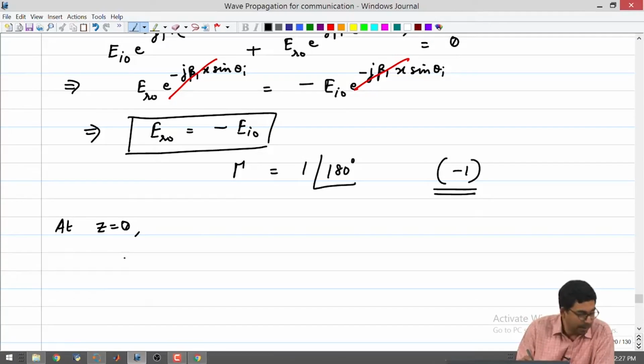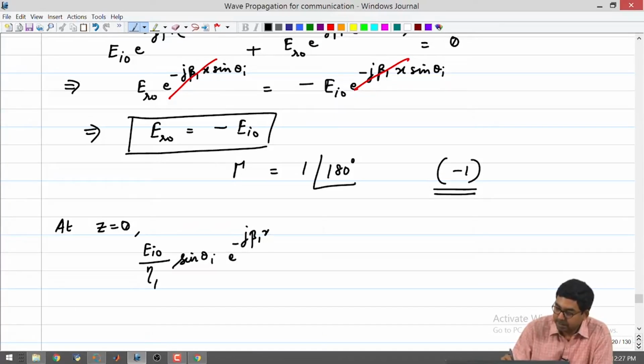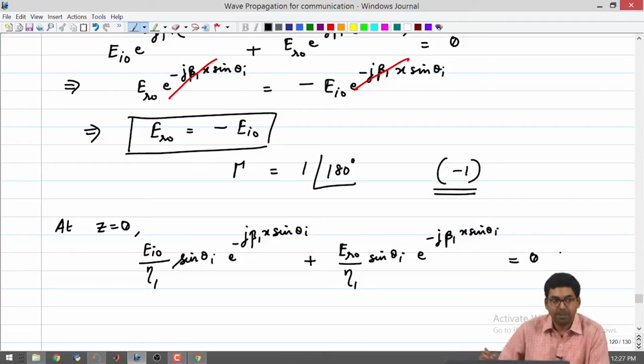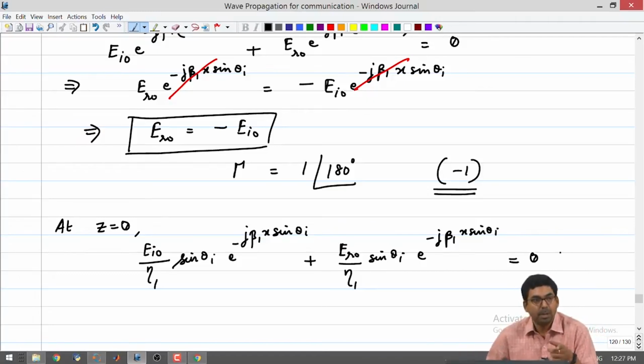So, I will be having E I naught divided by eta 1 sin theta I e to the minus j beta 1 x sin theta I plus E R naught by eta 1 sin theta I e to the minus j beta 1 x sin theta I. So, I have just taken the expression, substituted z equal to 0, and I am just writing the remaining terms that I am having over here, and I am using only the normal component.